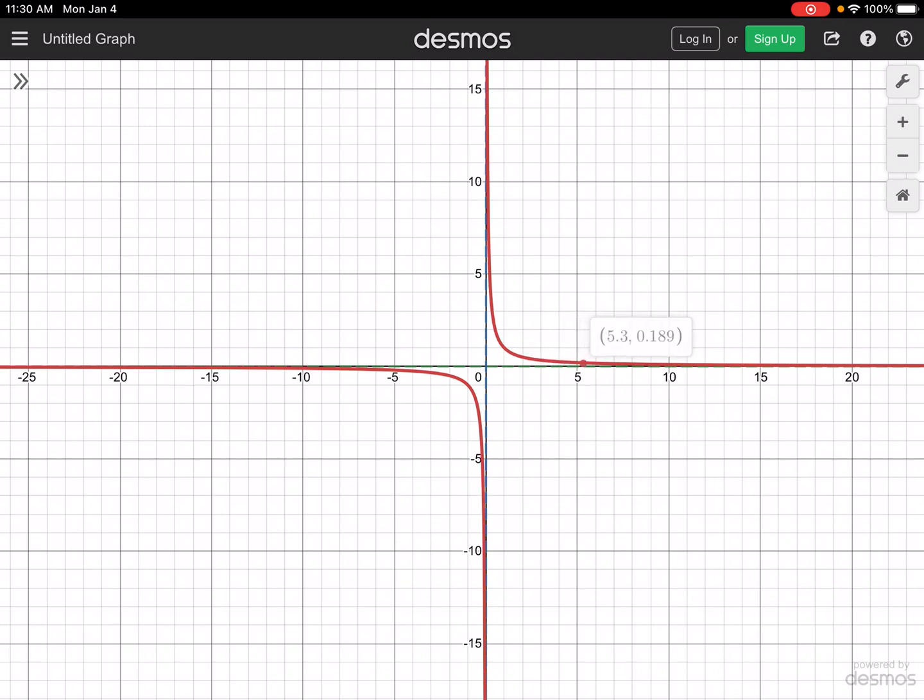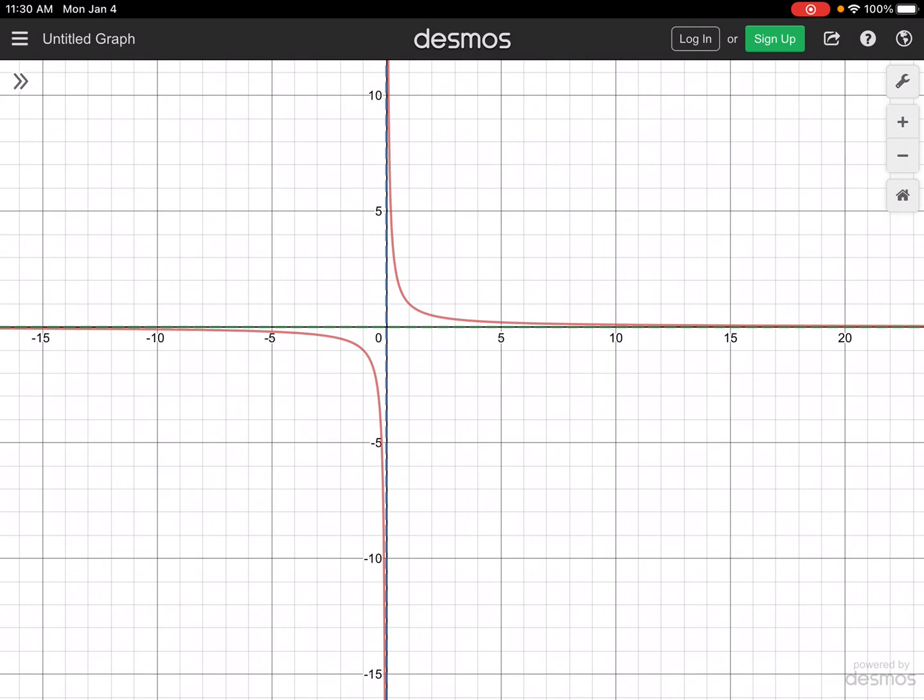What's happening to my y values? Take a look: 0.161, and as I scan out here, 0.059. They're getting really, really close to 0. And the same thing on the left, as x goes toward negative infinity. So we're getting close to 0 in both directions, and we're never crossing that line.